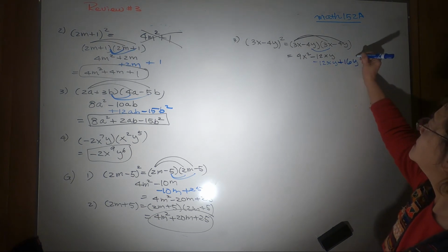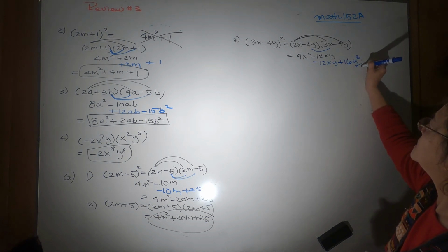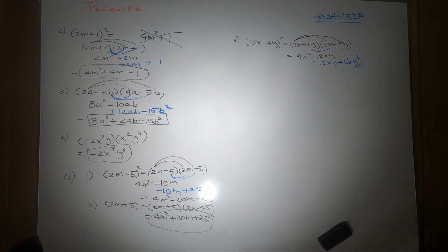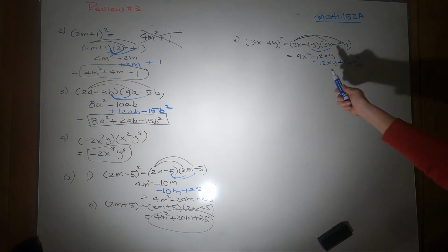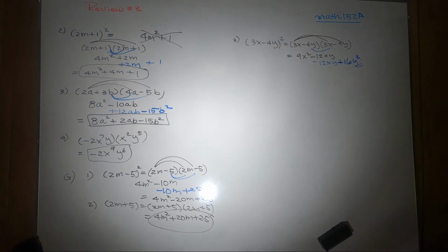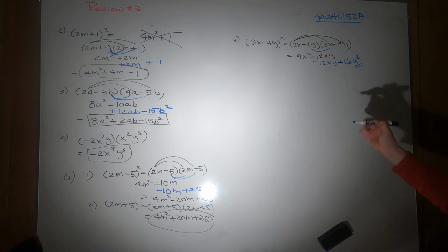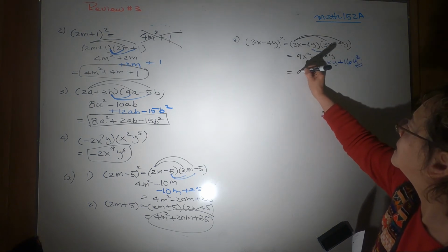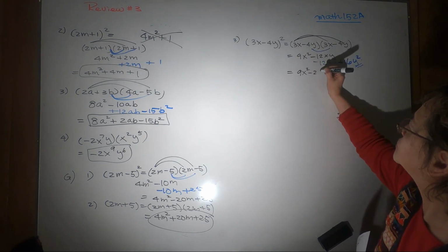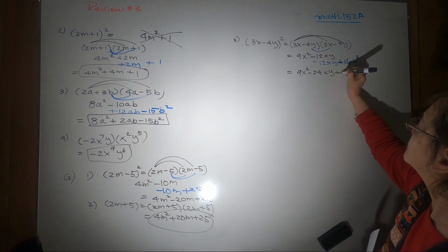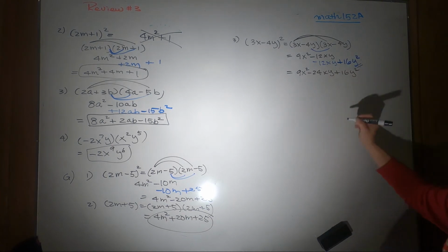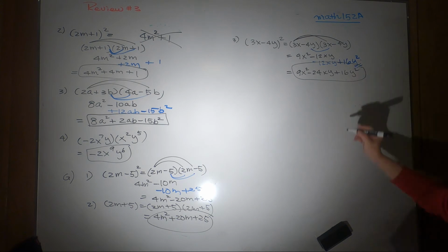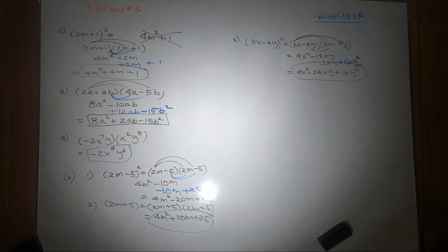Y how many? Square. Usually you will mess up at the end. Somehow at the beginning you are fine, then at the end you miss your y square. Then combine like terms, we'll have what? 9x squared minus 24xy plus 16y squared, right? Shouldn't be too bad.